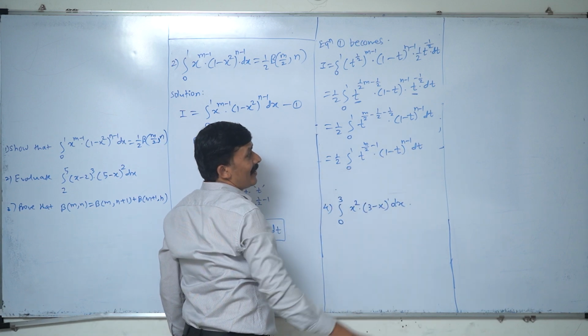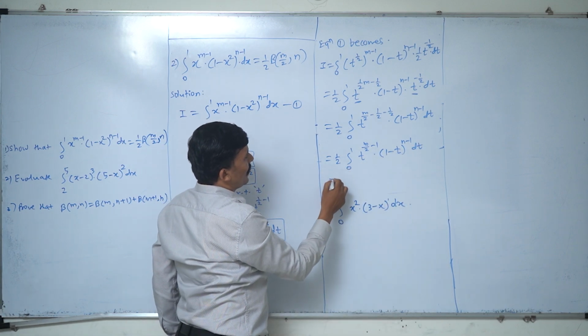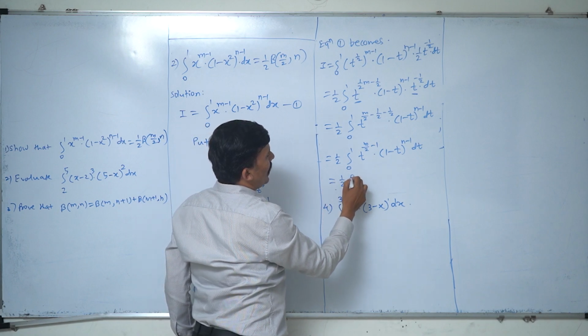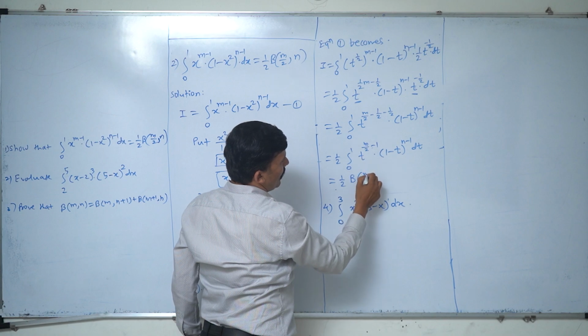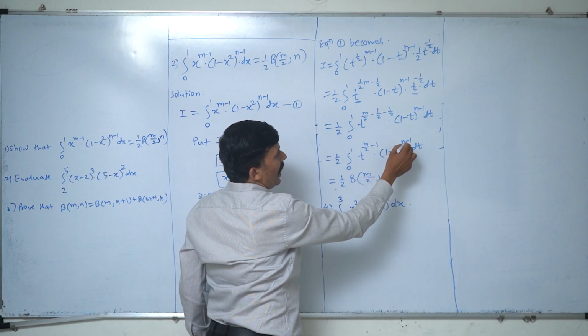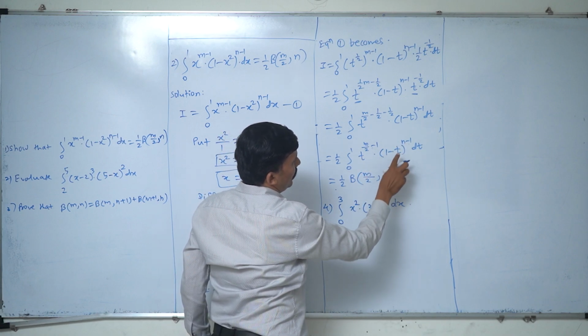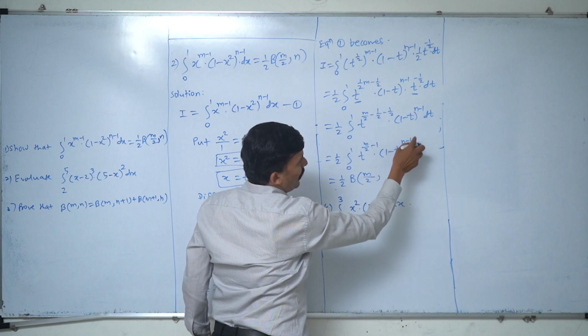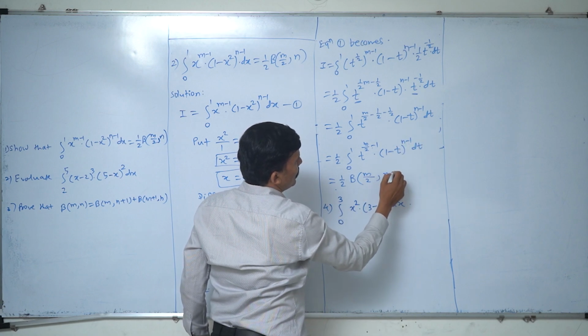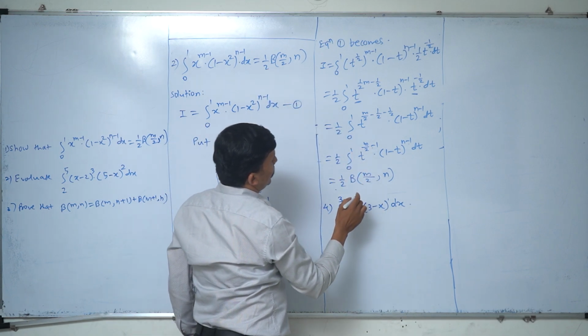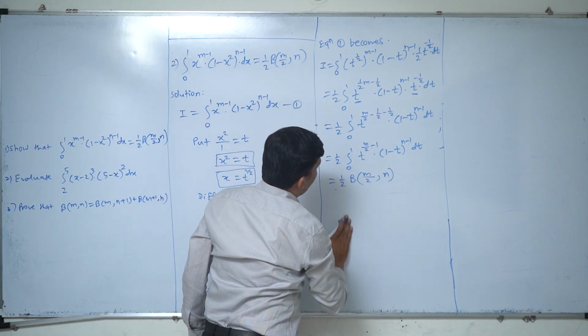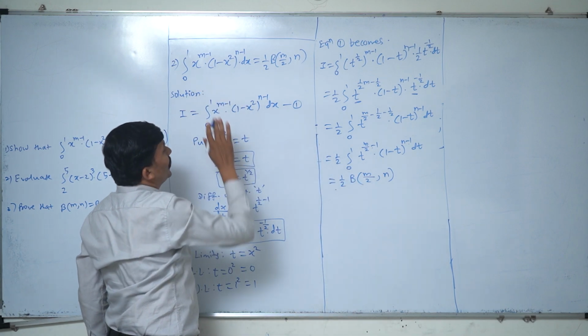Now this is a standard beta integral, so you can write its answer in terms of beta. Add 1 in this power, so minus 1 plus 1 get cancelled, m by 2. Add 1 in the power of this bracket, so n minus 1 plus 1 get cancelled. So this is n. This is nothing but the right hand side. So this is the answer of problem number 2.